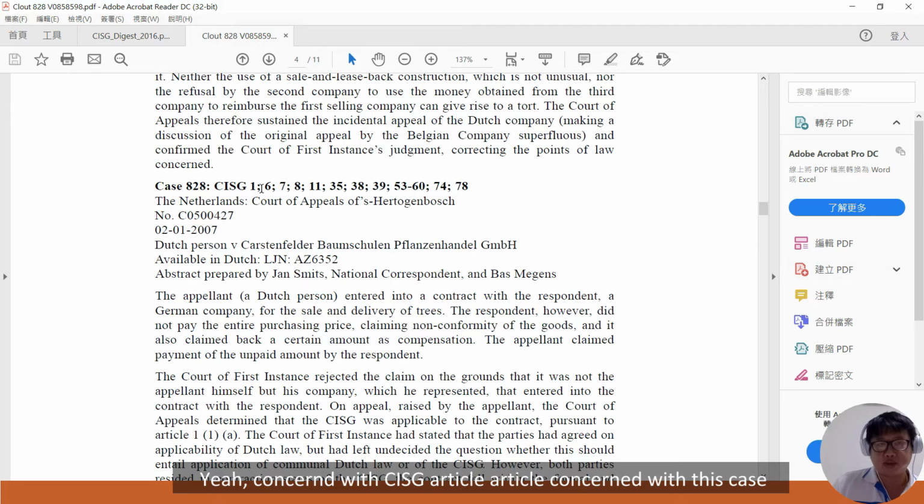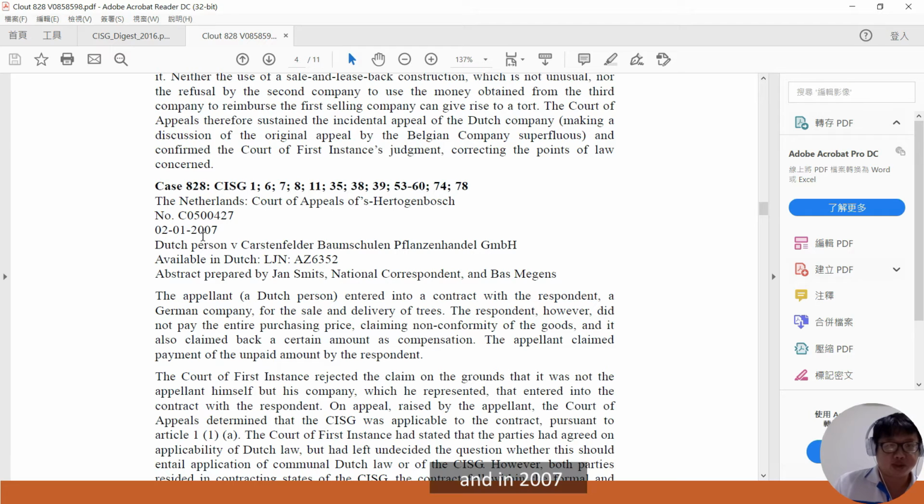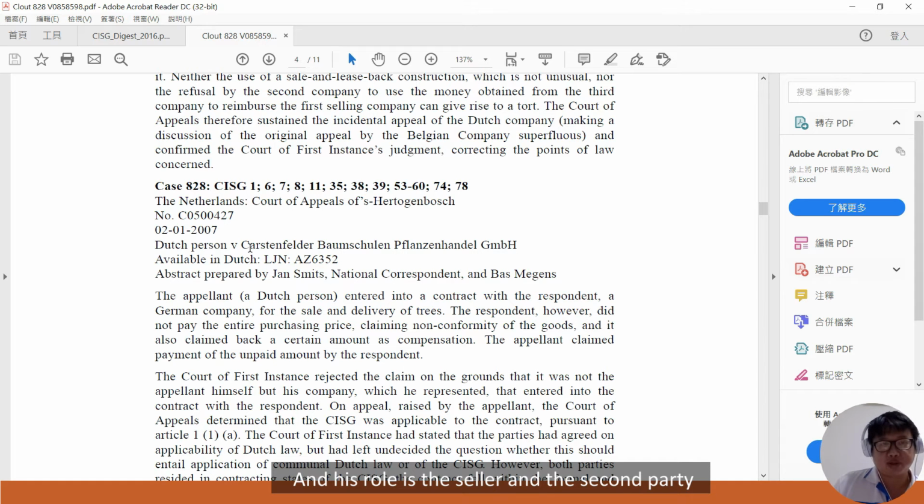Here is the article concerned with this case, and the case is decided by the Court of Appeals of this city in 2007. The plaintiff, or the appellant, in this case is a Dutch person, and his role is the seller, and the second party, the respondent, is a German company, in the position of buyer.